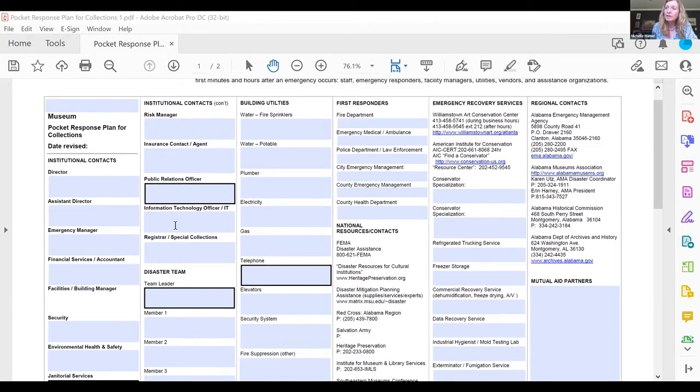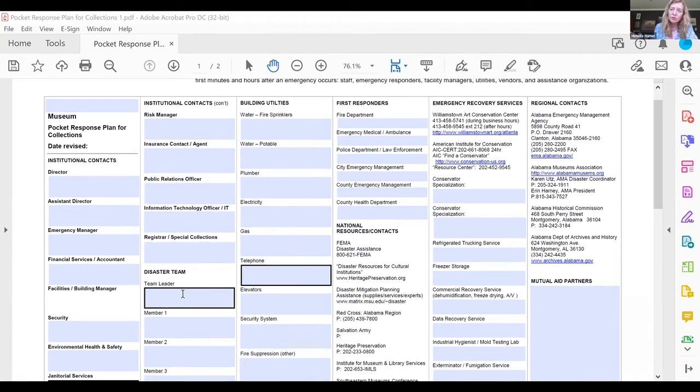In charge of your IT, so if there's a problem with IT, who takes responsibility? And this one, registrar special collections. I'm not sure what kind of person you would have in your institution, but I think this would be the person who's really responsible for the collections in your institution overall.